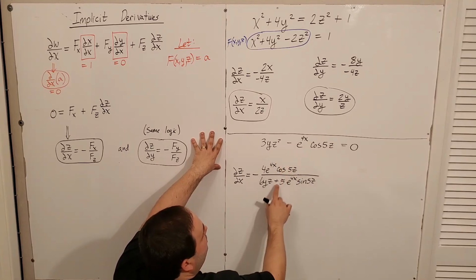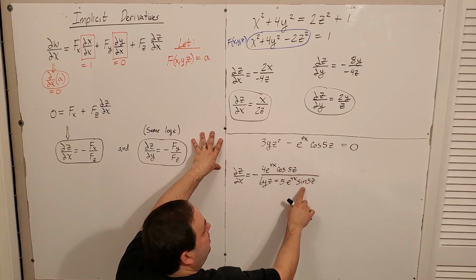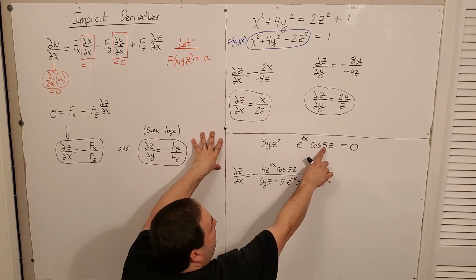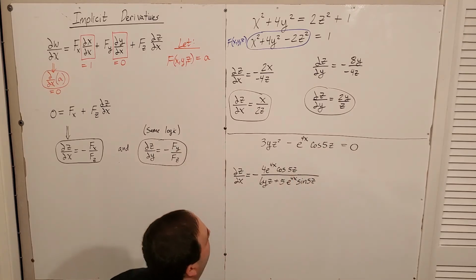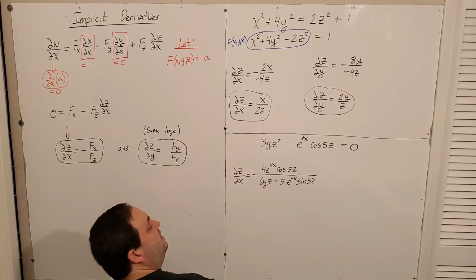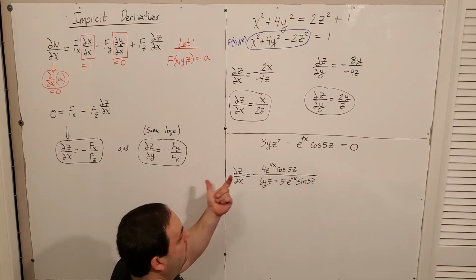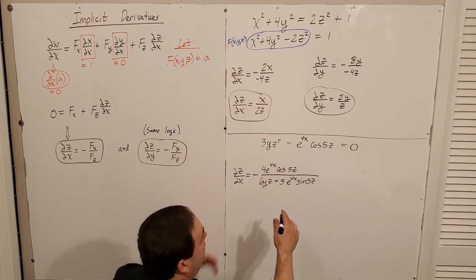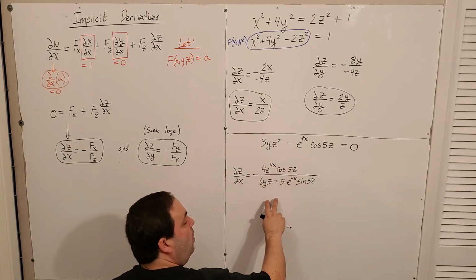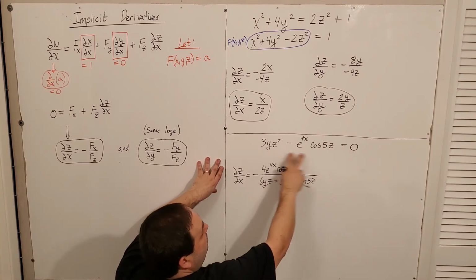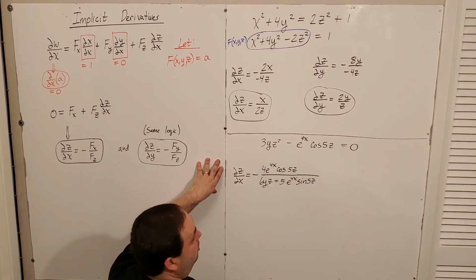It was subtraction, right? But the derivative of the cosine gave me negative sine, and the chain rule on the inside gave me the 5. So there's my partial of z with respect to x, right? Pretty quickly. And of course, again, it's dependent on x, y, and z, but that's okay, right? There was no way I was going to solve for z anyway.